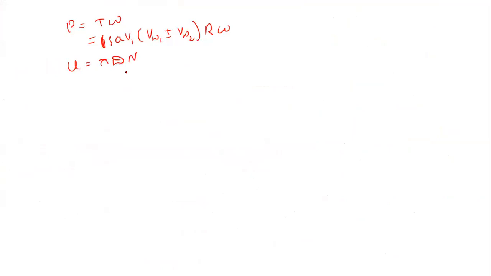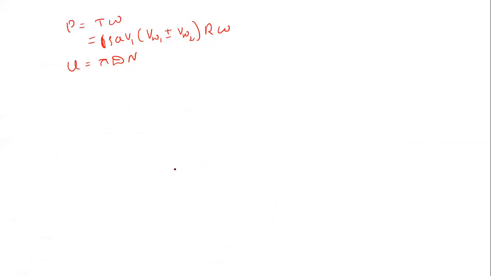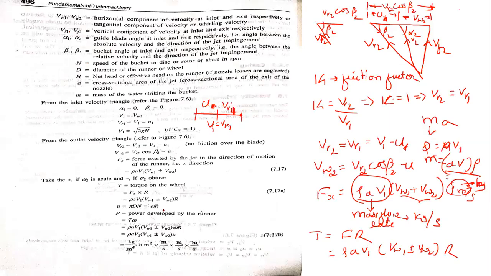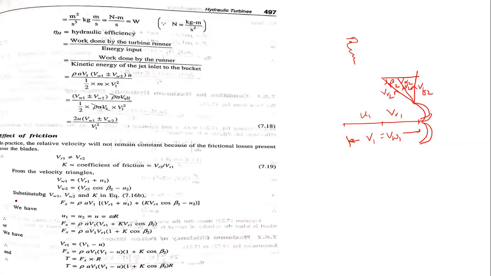So pi dN is nothing but omega into R. So omega into R gives U. Therefore we can write P is equal to rho A V1 (VW1 plus or minus VW2) into U. This is your power.